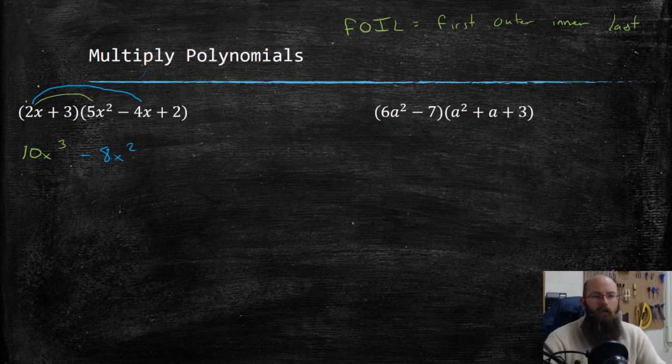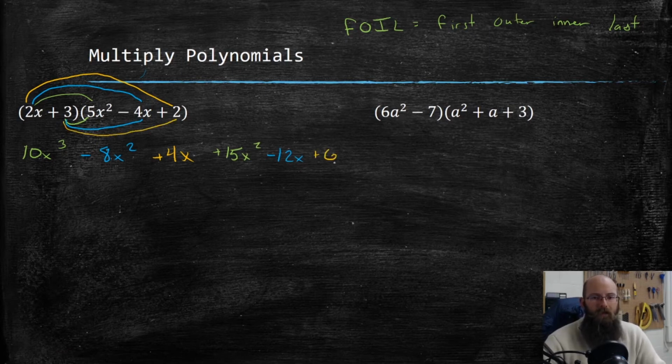Then I have 2x times the 2, and that gets me 4x. But now I've got to move over and do this 3 times everything. 3 times 5x squared gets me 15x squared. Then I have the 3 times negative 4x gets me negative 12x. Then I have the 3 times my positive 2 gets me 6.